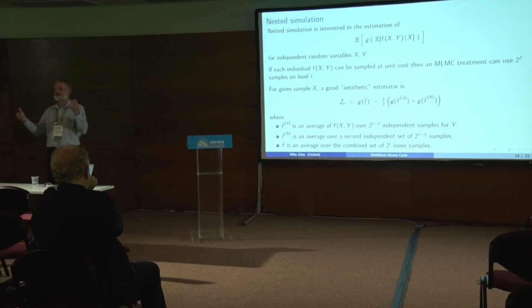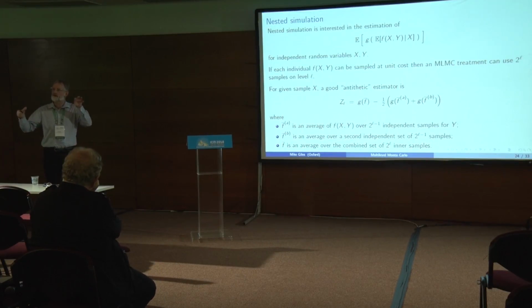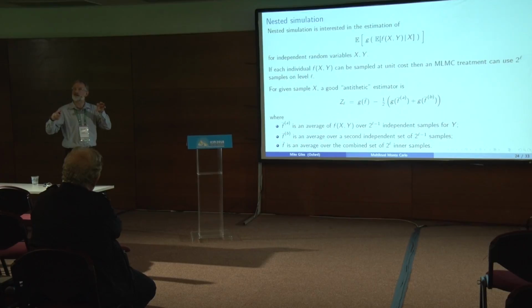So how do we set up the coupling? And this is a case where it's quite a different coupling strategy to the Brownian one, where it was very natural. And this gives an idea of the sort of flexibility of the approach. So what we're going to do here is on level L-1, we want to use 2 to the L-1 independent samples. And I'm going to use this antithetic estimator.